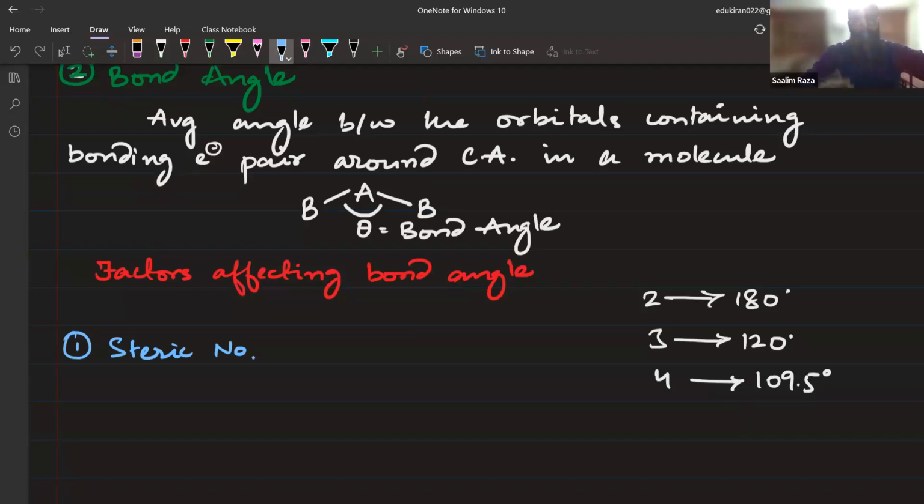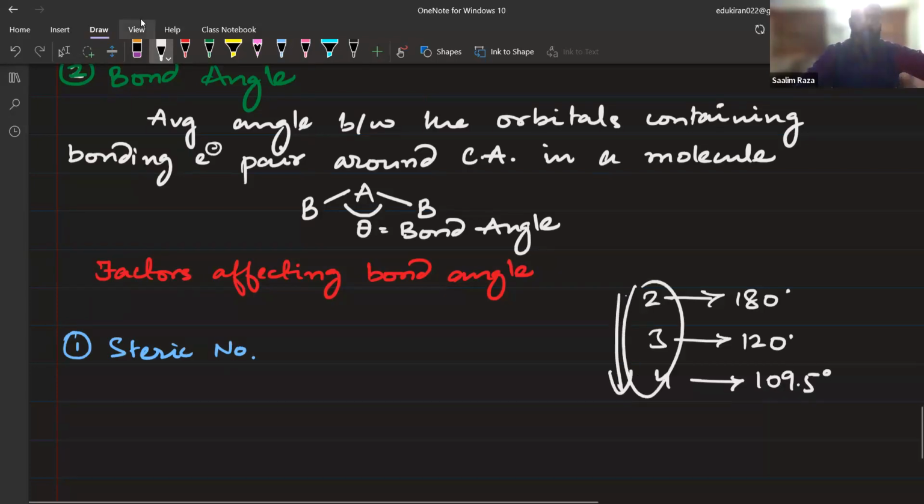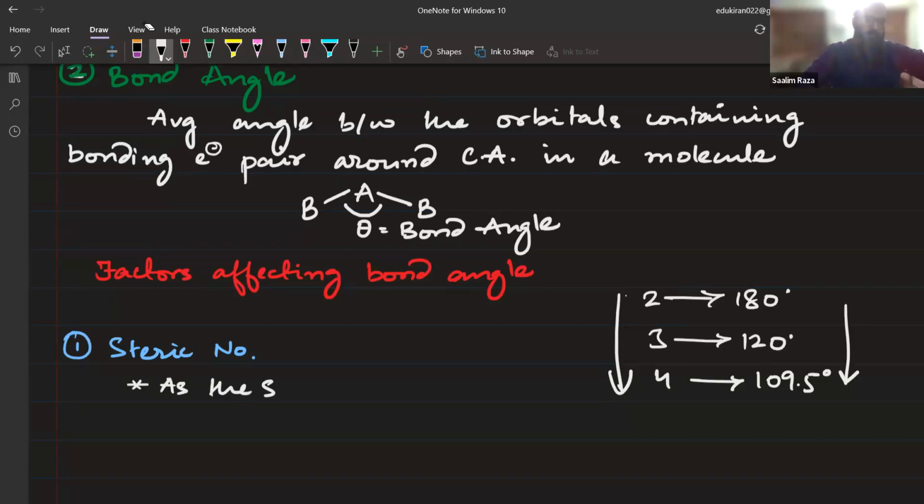If I talk about the steric number, the factor affecting bond angle, the steric number is 2, 3, 4. What is happening, increasing or decreasing? Steric number is increasing, and bond angle is decreasing. So we'll write: as the steric number increases, bond angle decreases.